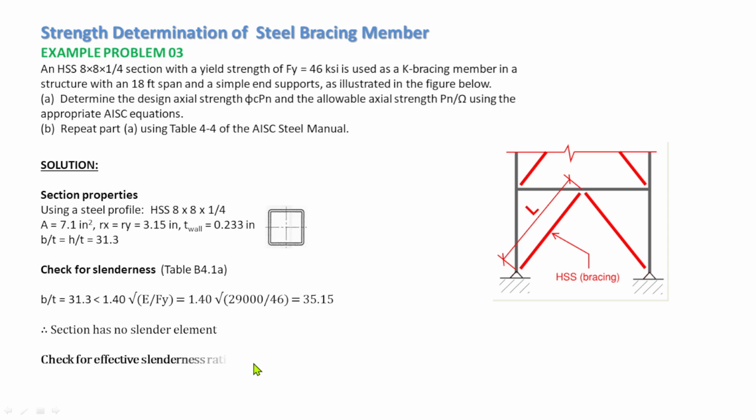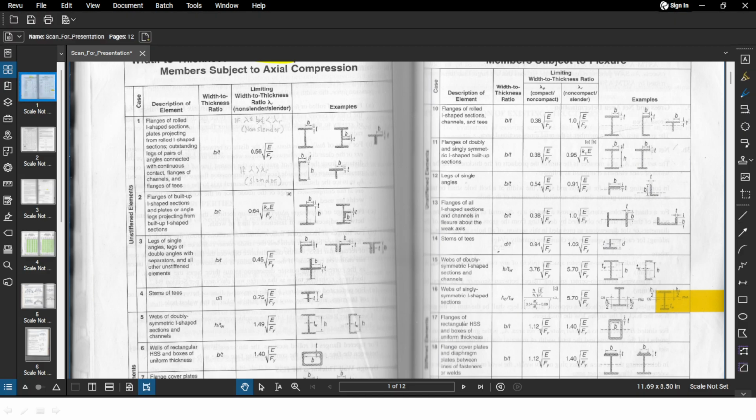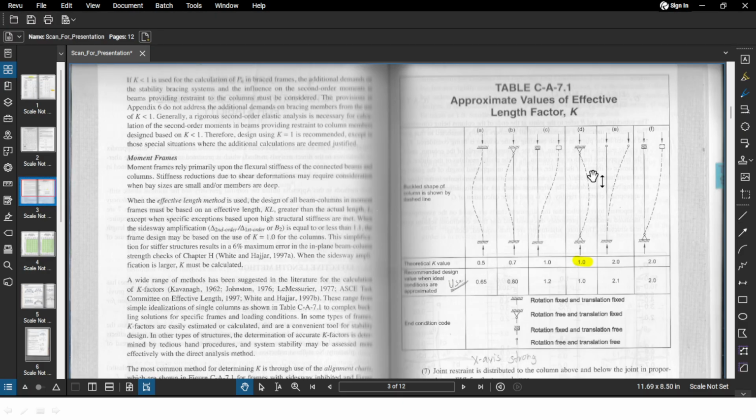The next step is to check the effective slenderness ratio, KL over r. If you refer to the table, I would like to share with you this table, so you should be familiar with it, because sometimes we have different boundary conditions. But in our case, we are using case D, which is pin connected, so we use a K value of 1.